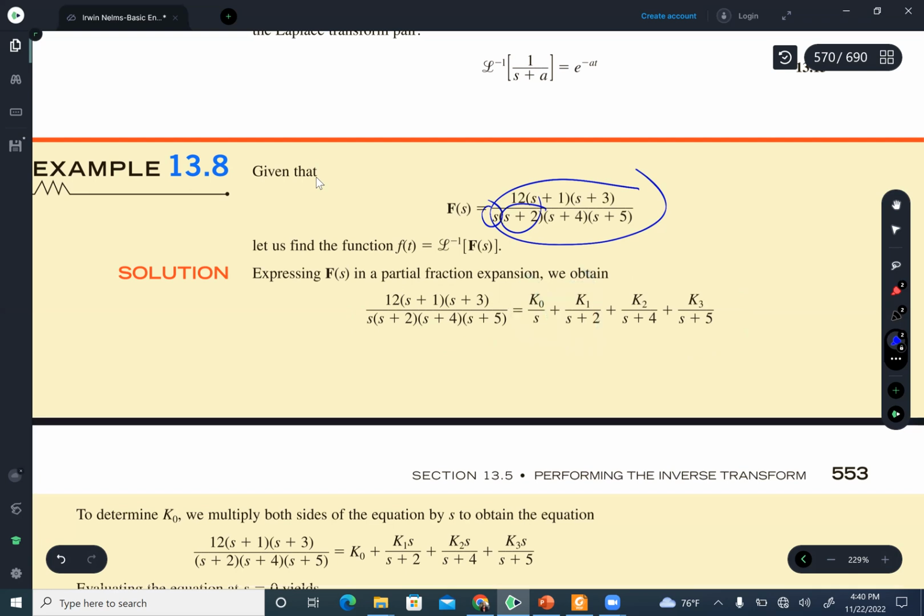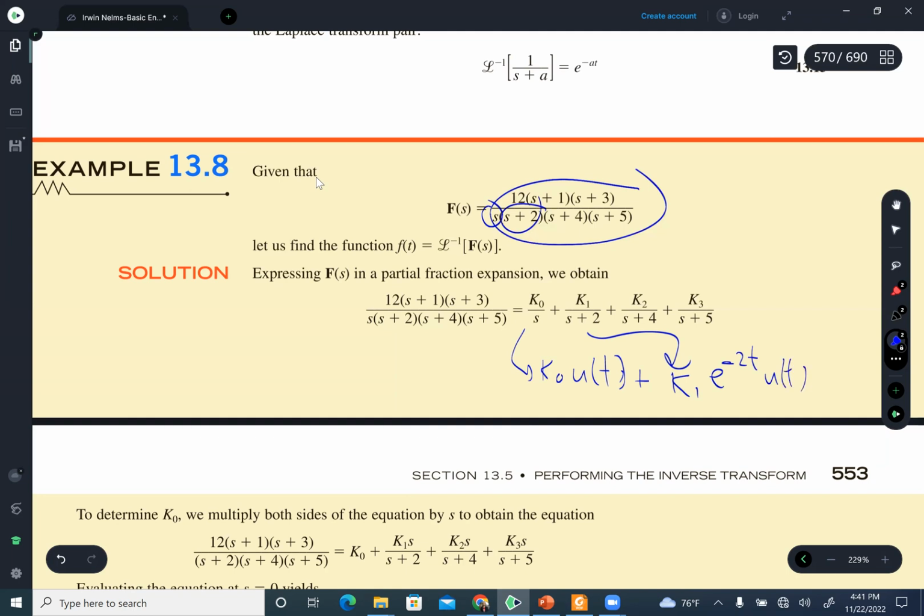Because 1 over s is u of t in the time domain. So this term would have an inverse Laplace transform of k0 times u of t. This arrow just means it's the inverse Laplace transform. This term would have an inverse Laplace transform of k1 times e to the minus 2t u of t, for example, right?